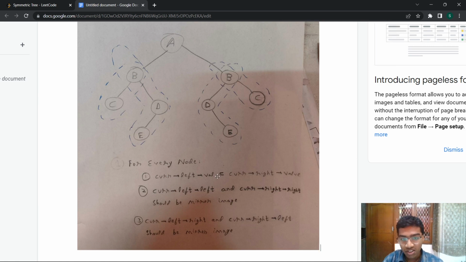If all three conditions are true, we can say that A is a mirror of itself. The tree with the root A is a mirror of itself. I hope you are able to understand this analogy. We just had to observe here, alright?